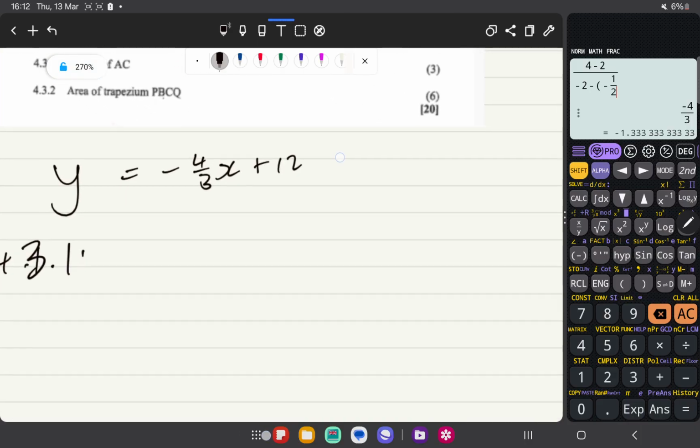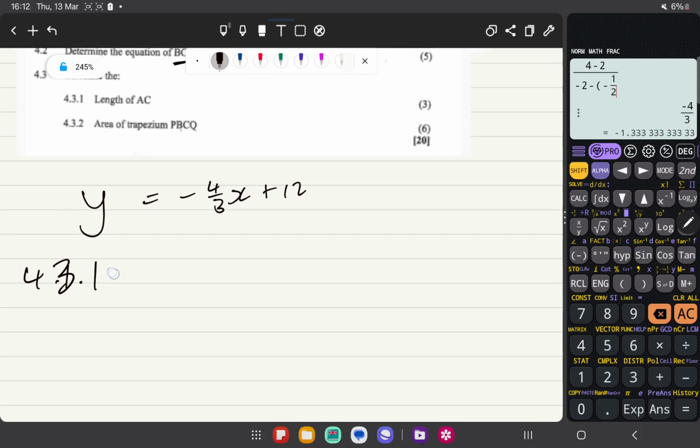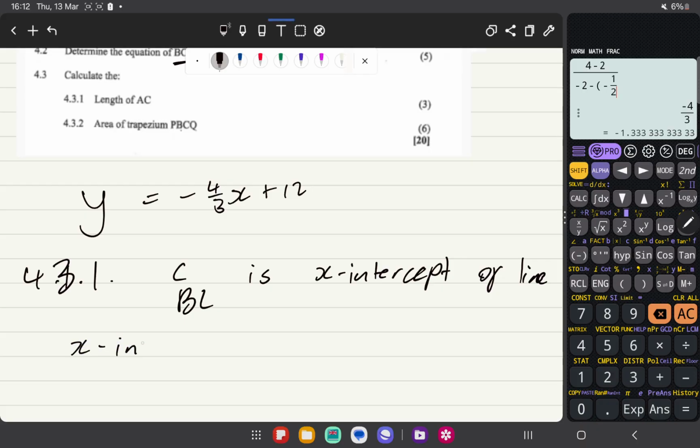Point C is the x-intercept of line BC, right? So remember x-intercept, remember y is equal to 0.